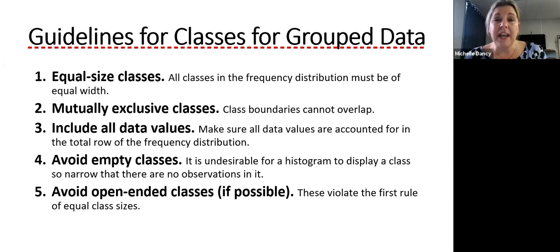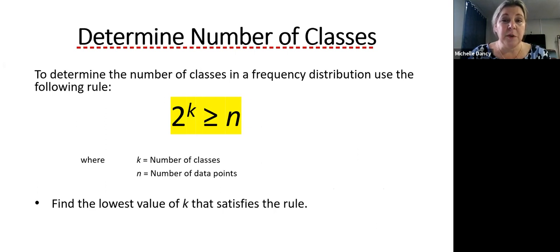We know where our data stops. And so we want to be more specific, 16 to 20. Okay. So these are your guidelines for your classes for grouped data. Make sure you remember this formula, 2 to the k power greater than or equal to n.